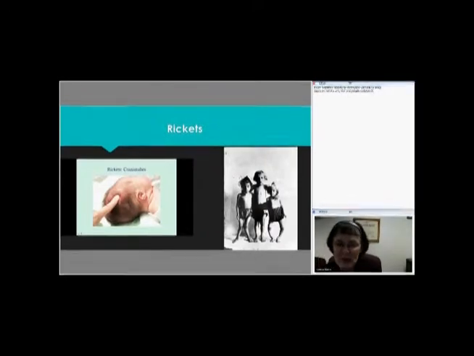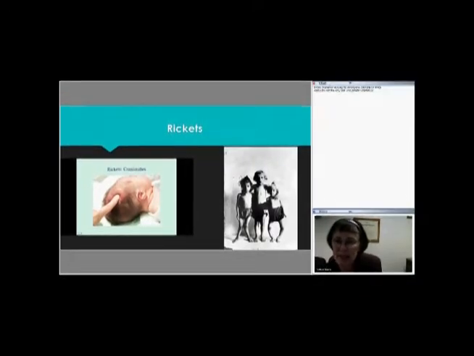This is another case of metabolic problems. On the left is craniotabes. That's where, if a baby has rickets and you press on their skull, it will pop back out like a ping pong ball because their bones are not mineralized like they should be. And then on the right side is rickets.